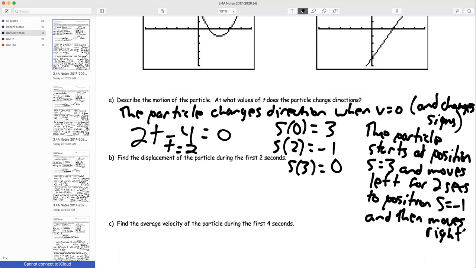It only changes direction one time because my velocity graph is only 0 and changes signs once, right here at 2.